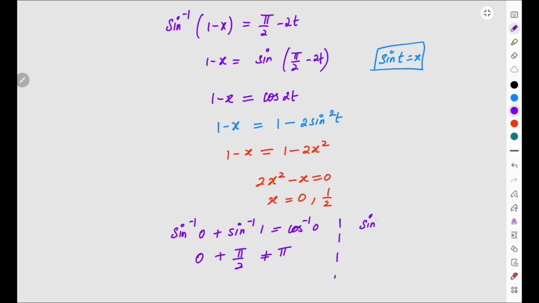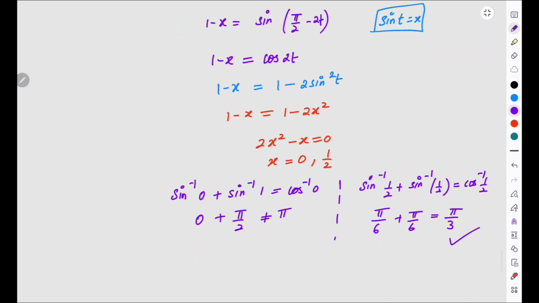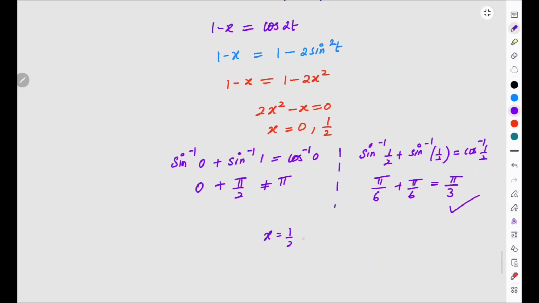So next case, sine inverse of 1 by 2 plus sine inverse of (1 minus 1 by 2), again half, is equal to cos inverse of half. So this is going to be pi by 6 plus pi by 6, that is equal to pi by 3. So here the x value is equal to half and x is not equal to 0. So we have to conclude like this.